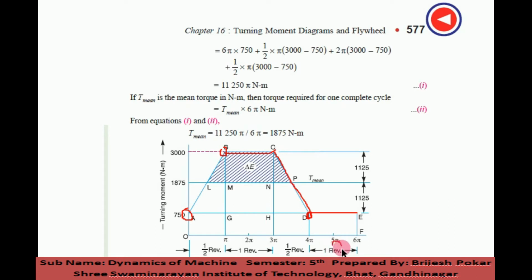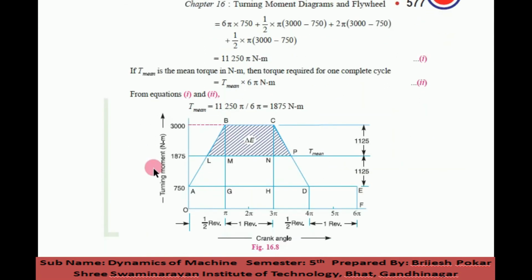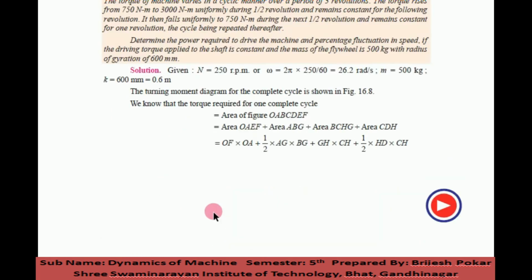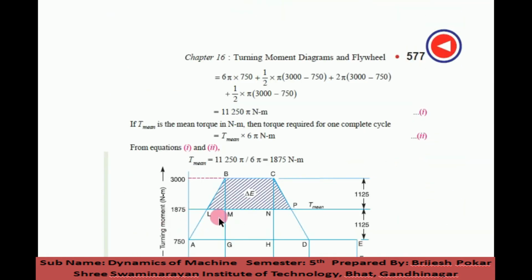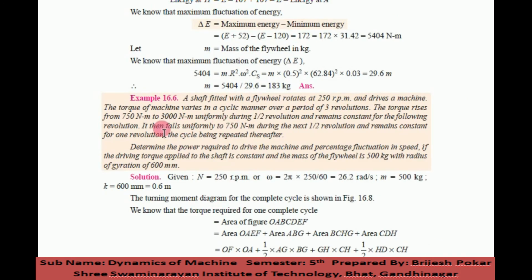So in total it is 1, 2 and a half, it means 3 revolutions. This diagram is given, and you need to draw this by understanding the problem.